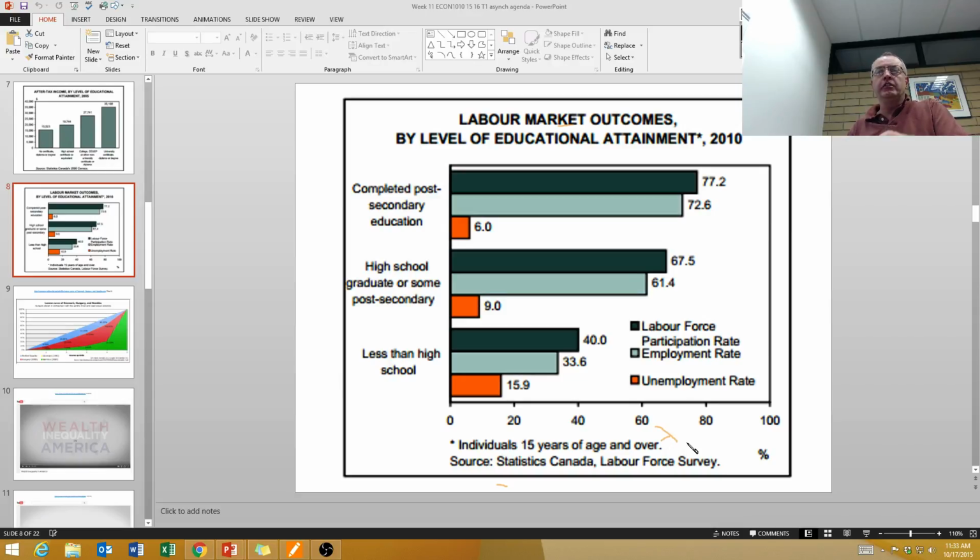So basically what it says is as our education increases, our unemployment rate declines.